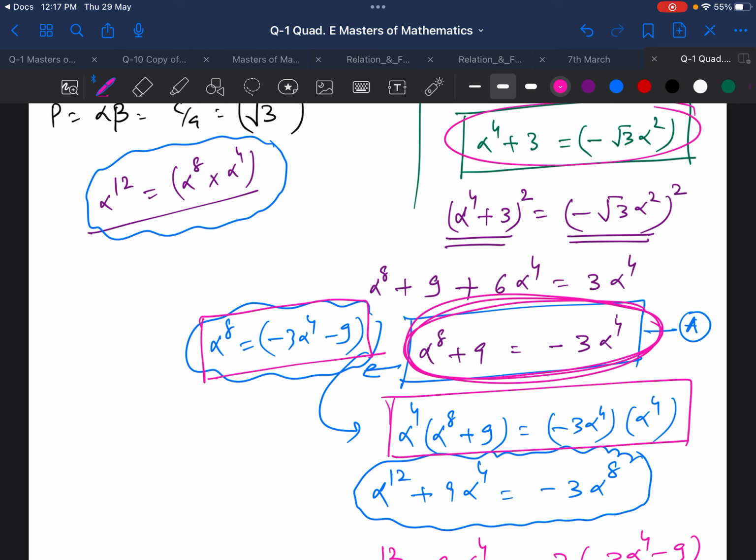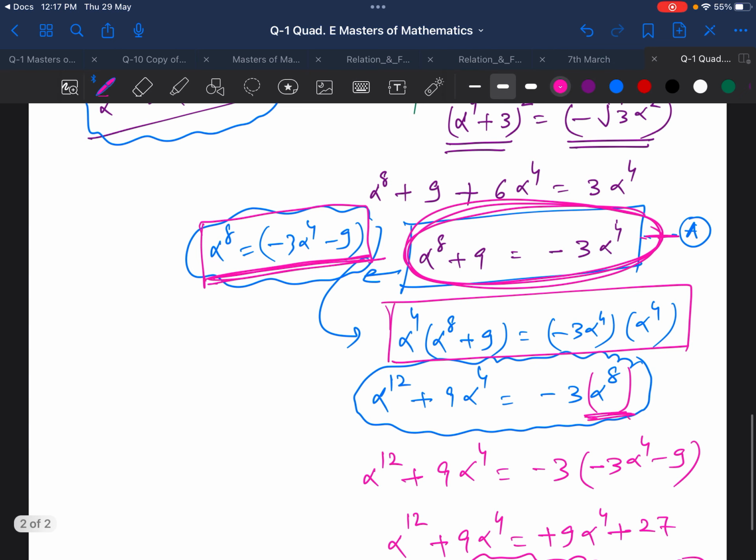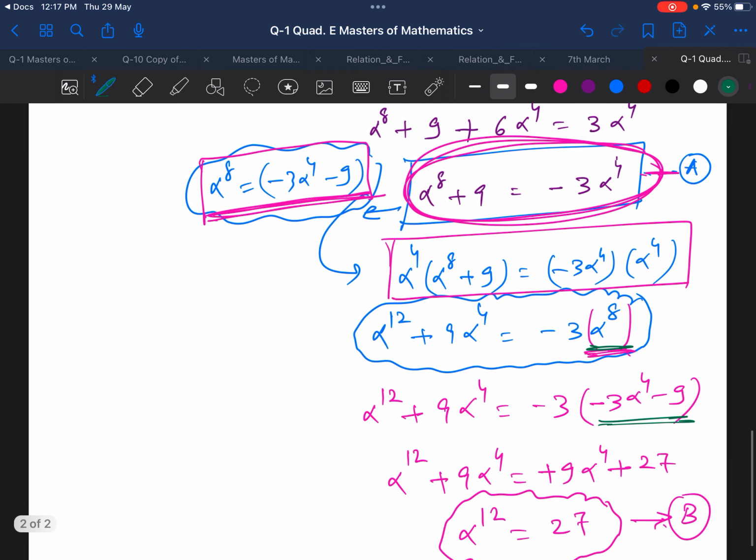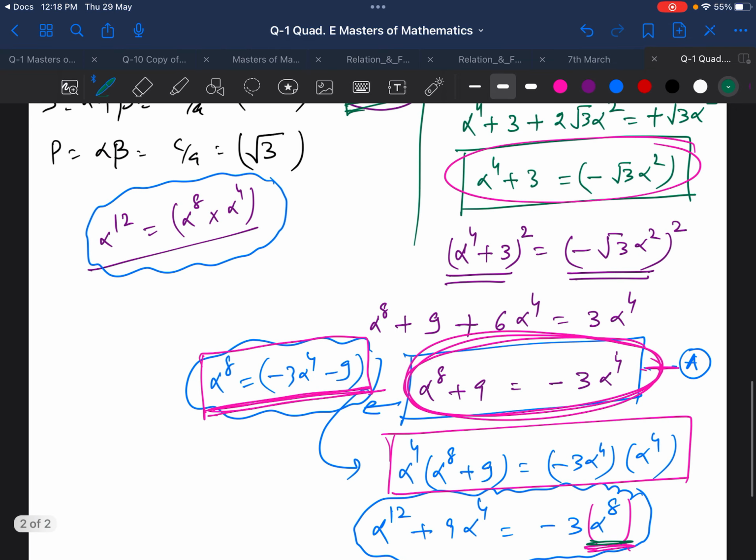And then I got an expression alpha raised to power 8, and by using this expression A I calculated the value of alpha raised to power 8 in terms of a constant and alpha 4. So I put this value here in place of alpha raised to power 8, and I got that 9 alpha 4 has been cancelled out. So I got alpha raised to power 12 as 27.